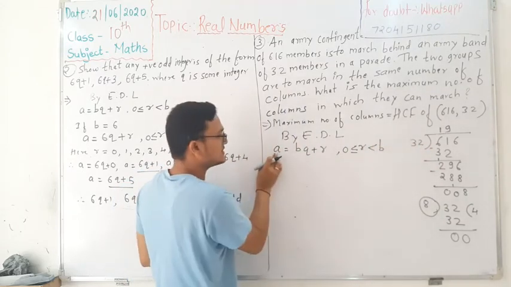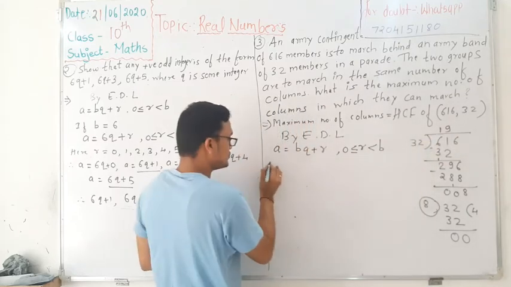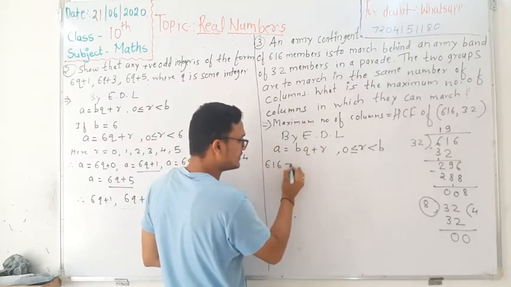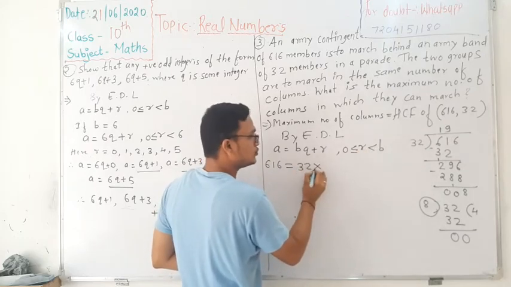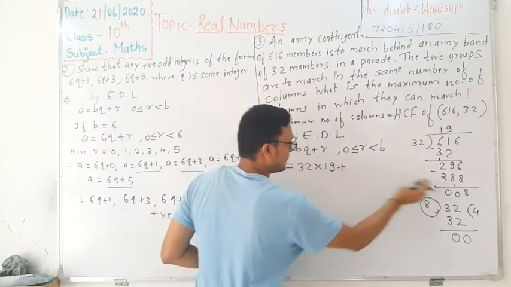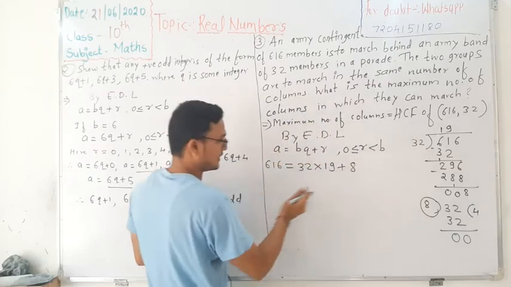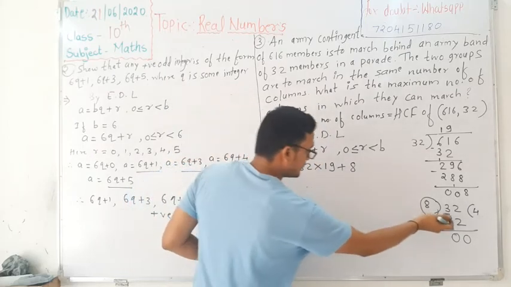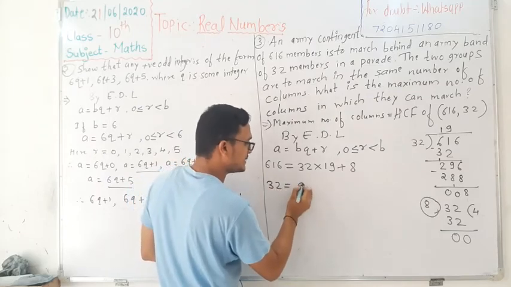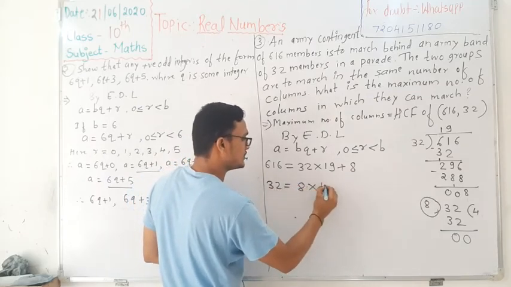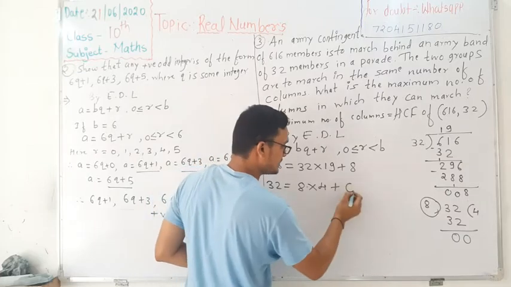A means dividend. So 616, the dividend, is equal to divisor into quotient plus remainder. Again we have the next: the dividend is 32, divisor is 8, into quotient 4, plus remainder 0.